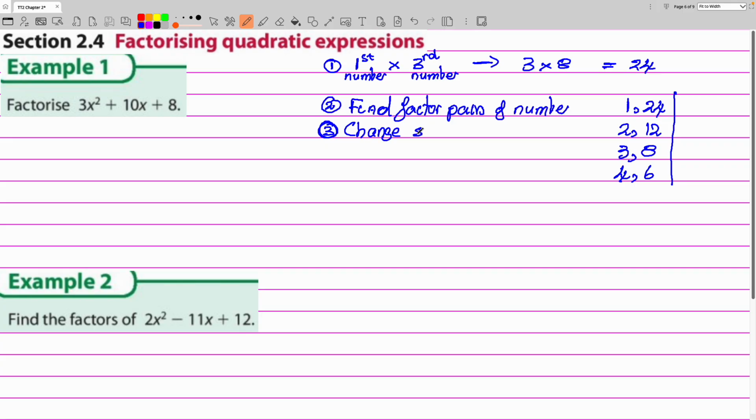Change signs on each pair. So that's going to be -1, comma, -24, -2, comma, -12, -3, comma, -8, -4, comma, -6.